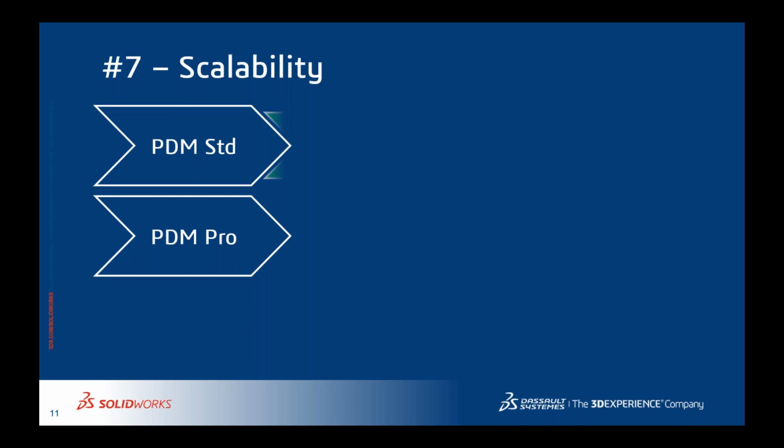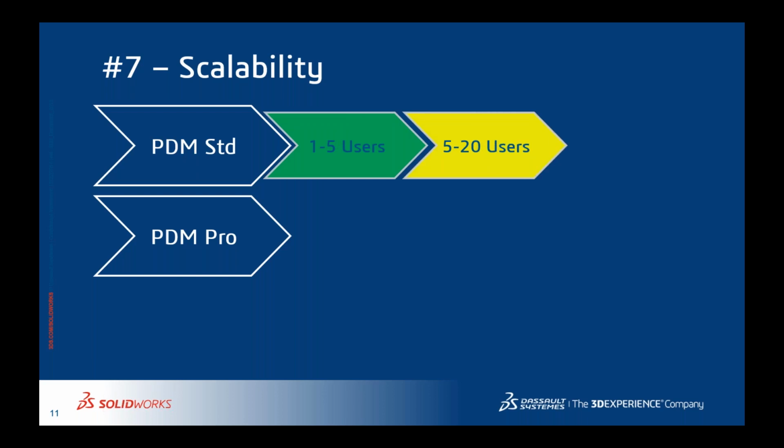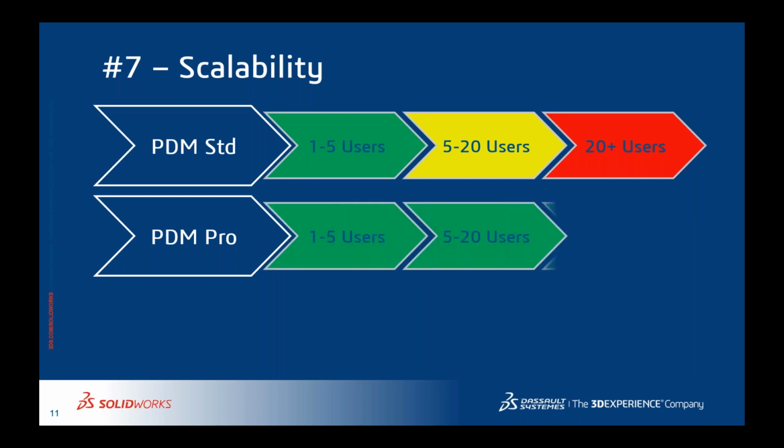If we build on this a little bit, PDM Standard is definitely a green light, typically for 1 to 5 users. For 5 to 20 users, we start to get a little bit cautious, and definitely if you're more than 20 users, our experience has told us that this isn't a good fit for PDM Standard. As I mentioned, PDM Pro is scalable across that whole breadth, so it tends to make sense for the whole range of customers.